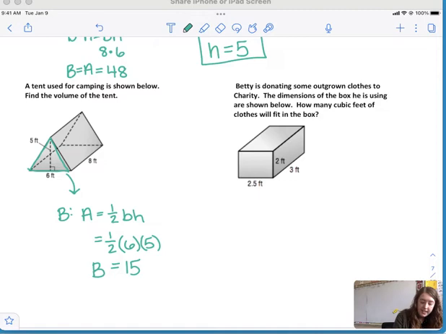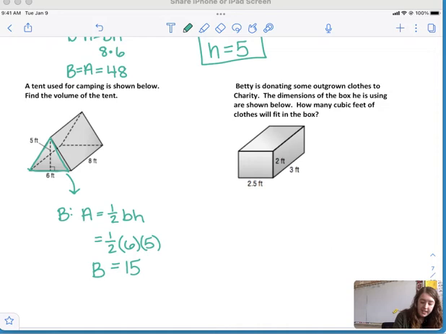How many cubic feet of clothes will fit into that box? Because that's how I measure how many clothes I have, is by cubic feet. Anyways, so let's say this rectangle gets to be our base. So to find that area, we're going to take base times height, or 2.5 times 2.